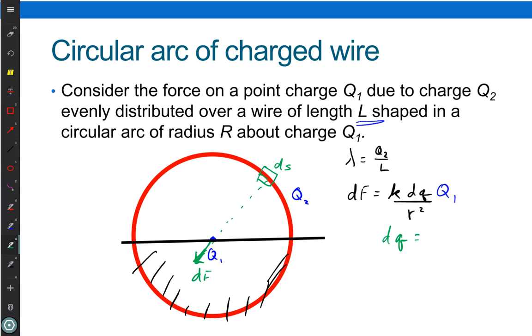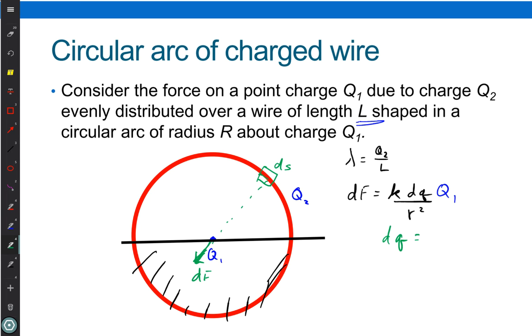What is dQ? Our starting, going through the process. I only had 3 steps, I think, on the preceding page. dQ, is this a linear distribution, an areal distribution, or a volumetric distribution? It's lineal, or linear, either word works, because it's spread out over a line. Now that line is bending, but it's still a line.